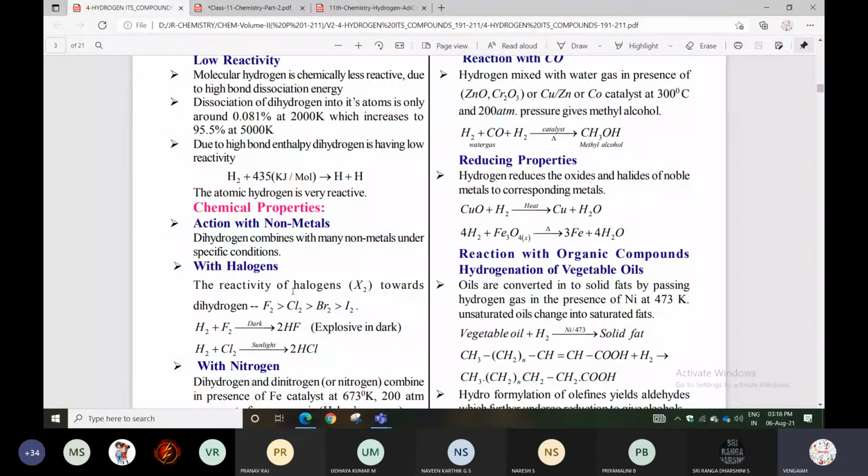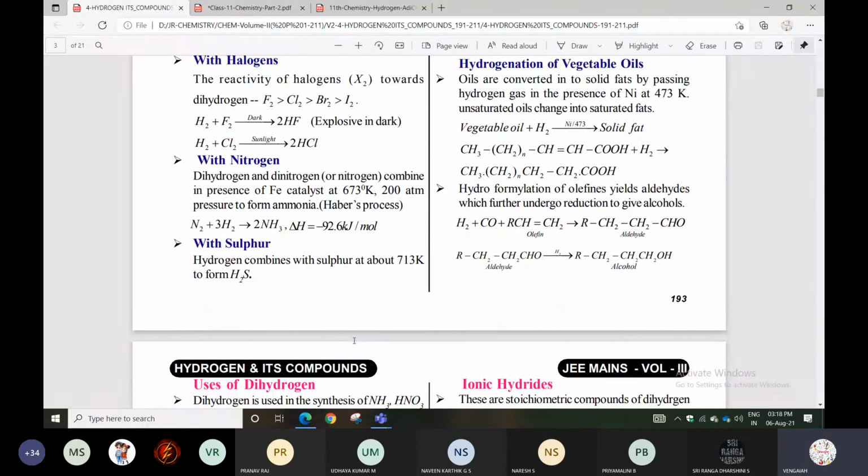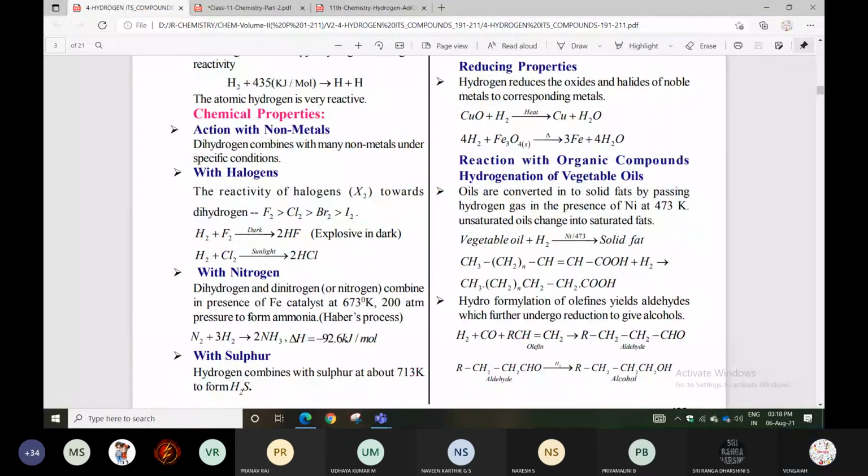With the halogens, the reactivity of a halogen towards dihydrogen, they have given what will be formed. With the nitrogen also, with the sulfur also. So dihydrogen will react with the halogens, metals, and non-metals, all these things they give.